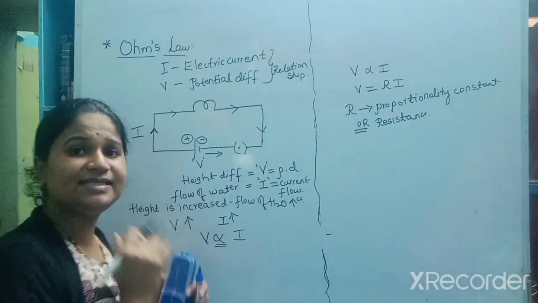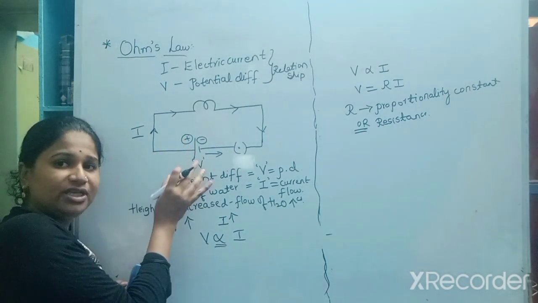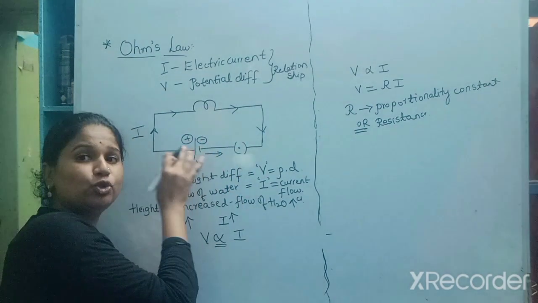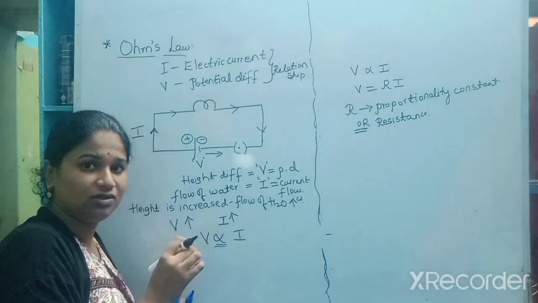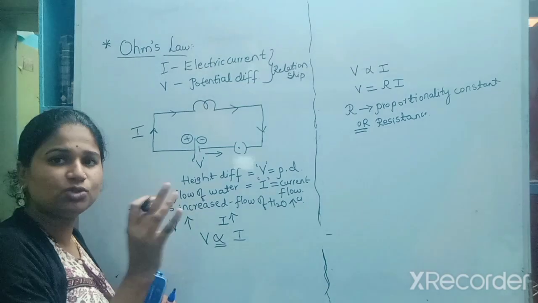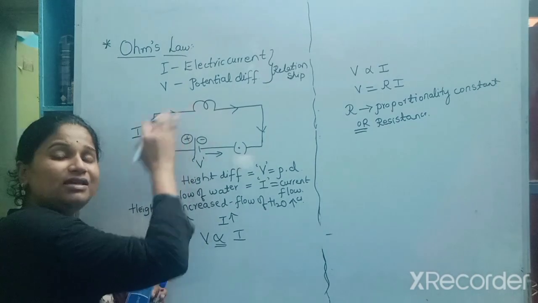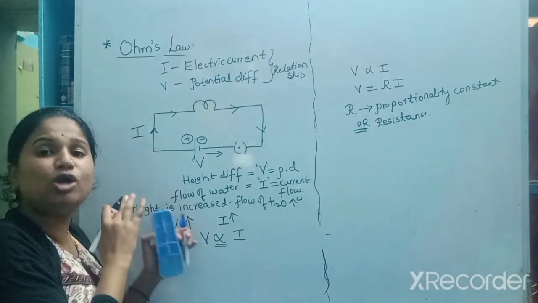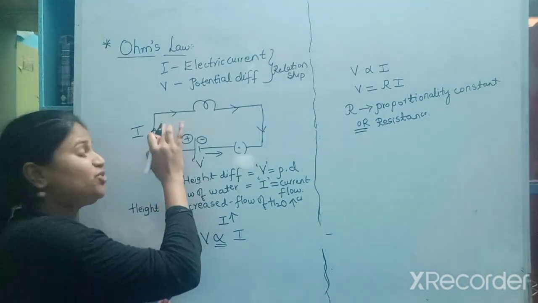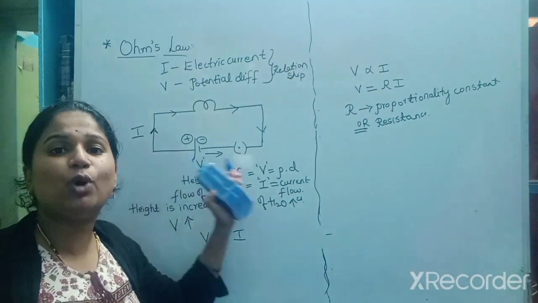So what is this resistance? As you see, the chemical reaction inside the battery releases some external force or energy which makes the electrons displace from their actual position. That movement of electrons results in the production of electric current. This we know. But the flow of current in a circuit is not so easy or smooth. Many obstructions or disturbances will be there inside the circuit for the flow of current.